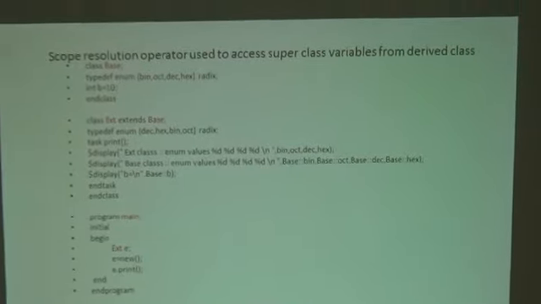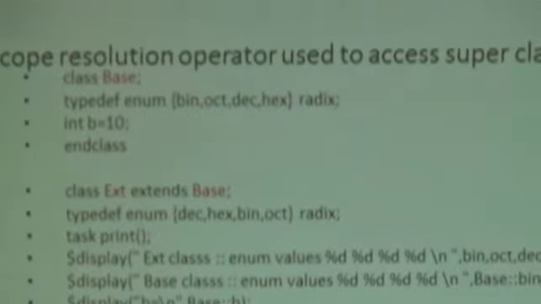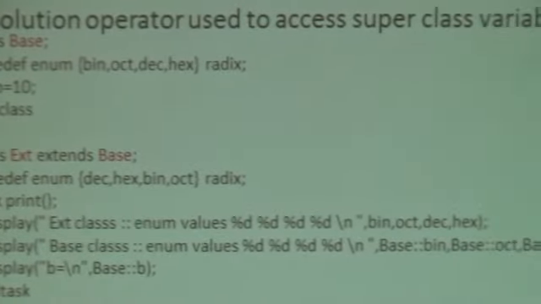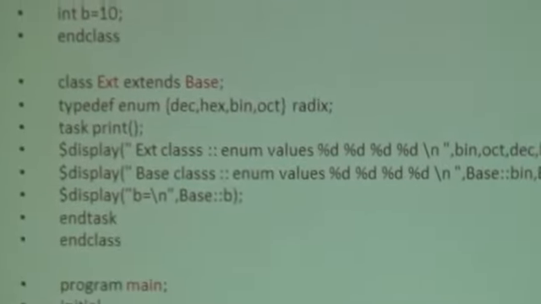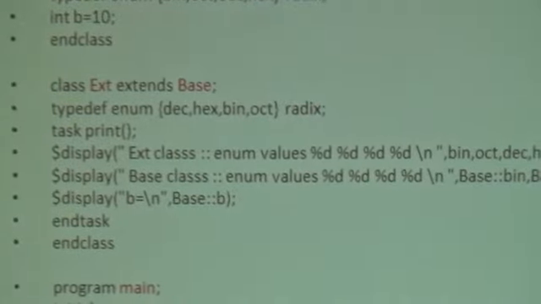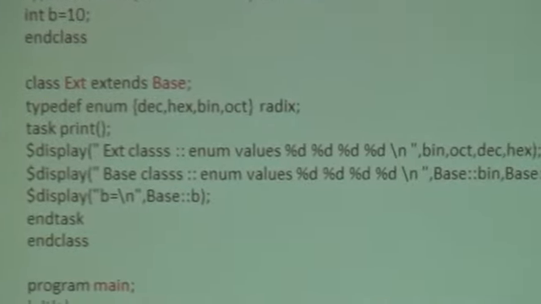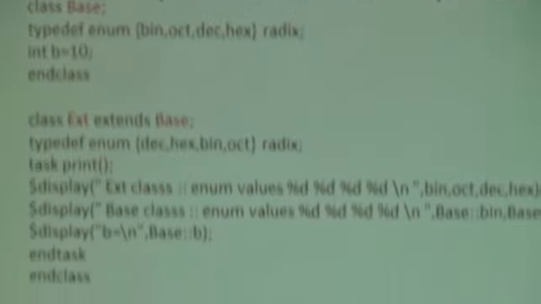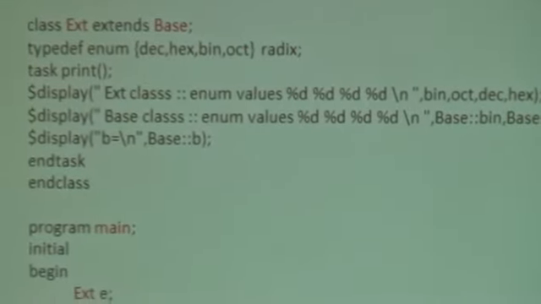We will go through this using this example. There is a base class base. In this I have defined typedef radix, and I have extended class ext from base. In this I have defined typedef enum sub radix. This here is also radix and here is also radix, and here is some task.